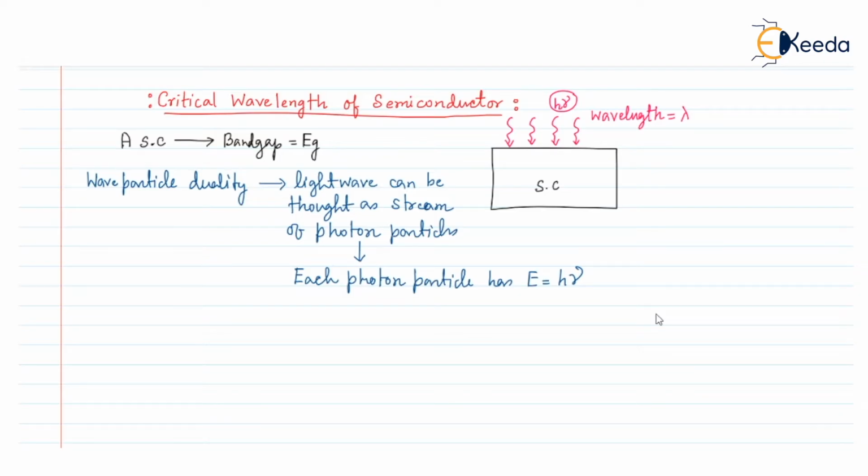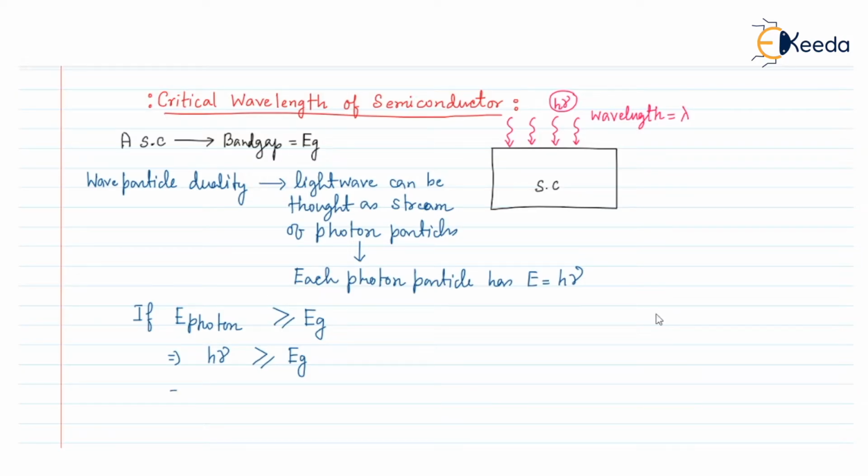So now if the energy of the photon is greater than or equal to the band gap of the semiconductor, that is Eg, then we can write that E photon, meaning h into nu, will be greater than or equal to the band gap Eg.